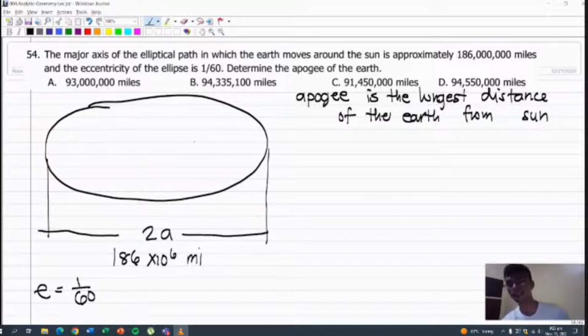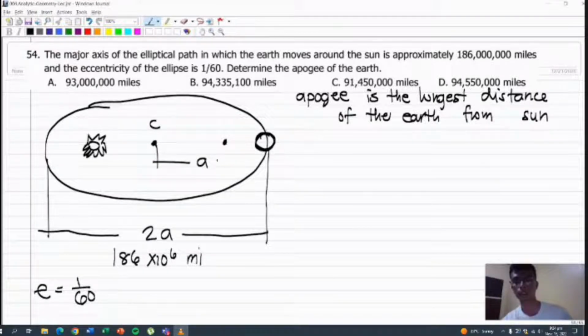Dahil sa ating elliptical path, yung Sun ay nasa isang focus ng ellipse. So, nasa isang focus yan. So, kung i-inspectionin natin, this is the apogee of the Earth. This is the longest distance of the Earth. Ito yung center of the ellipse. Ito yung another focus. This is kalahati ng major axis, which is A.